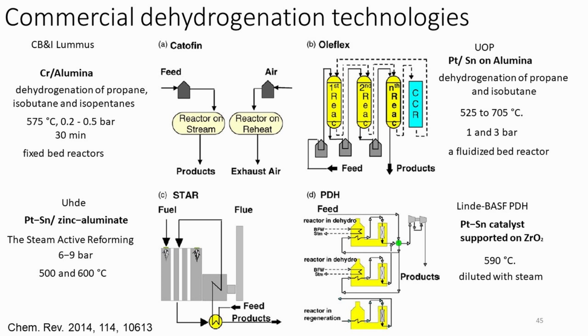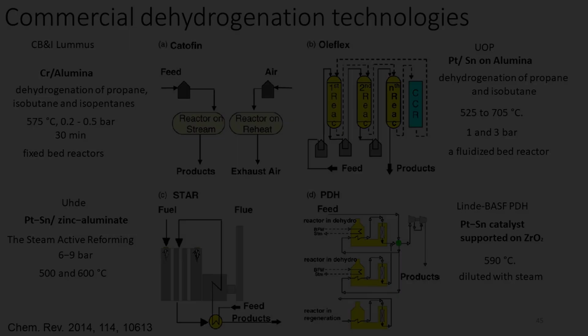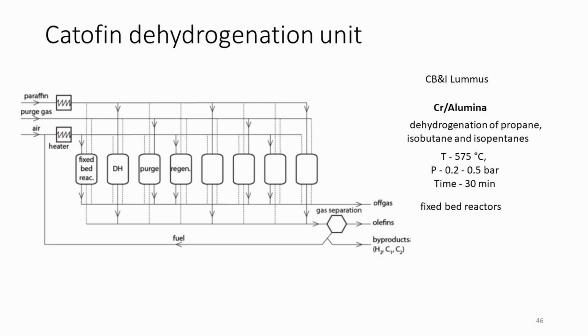The first technology is the Catofin process. A Catofin installation generally consists of 5 to 8 parallel adiabatic fixed-bed reactors containing a chromia-alumina catalyst. The reaction is run at a temperature of approximately 575 degrees C and a pressure between 0.2 and 0.5 bar.